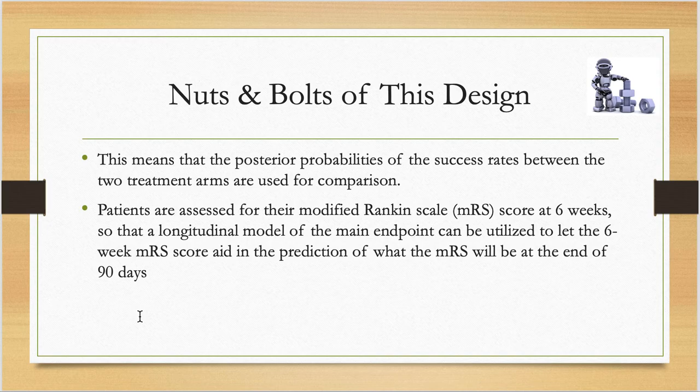And patients are assessed for their modified Rankin scale or MRS score at 6 weeks, so that a longitudinal model, like repeated measures, for example, of the main endpoint can be utilized to let the 6-week modified Rankin scale score aid in the prediction of what the MRS score will be at the end of 90 days, which is the end of the treatment goal.